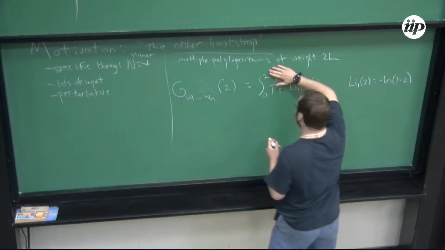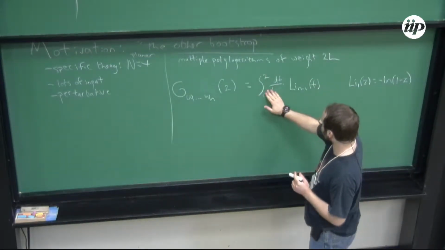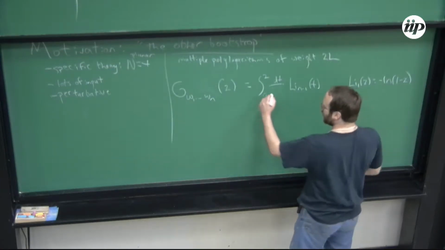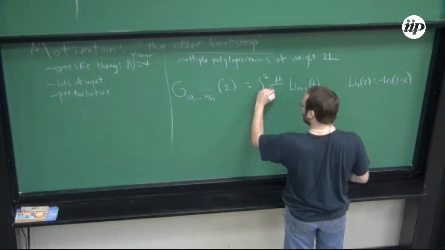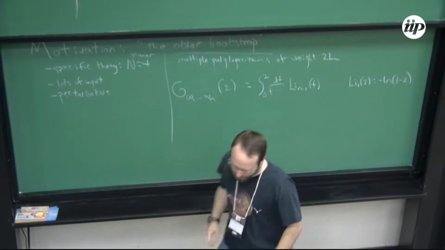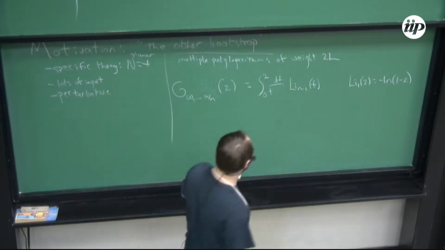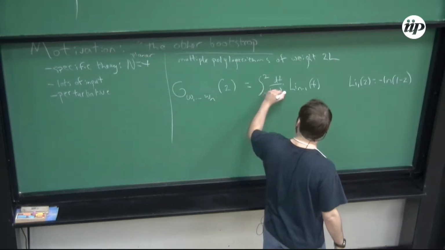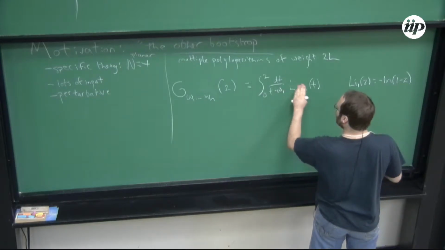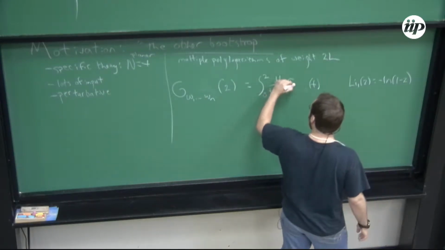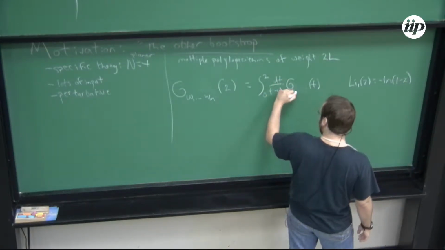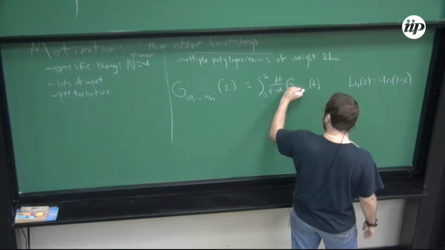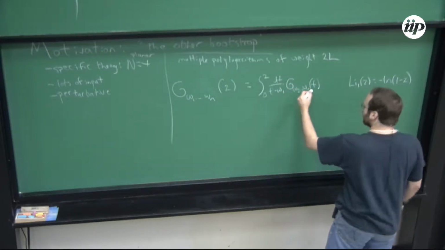And then once you've got things defined in this way, instead of dt over 1 minus t, now you have dt over t minus w1, and now this function inside the recursion has w2 through wn as its weight vector.